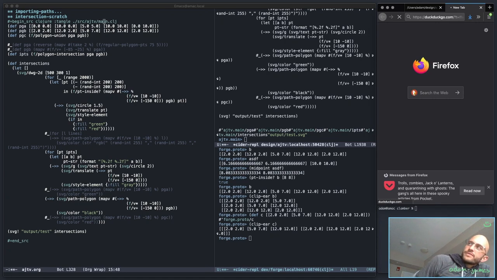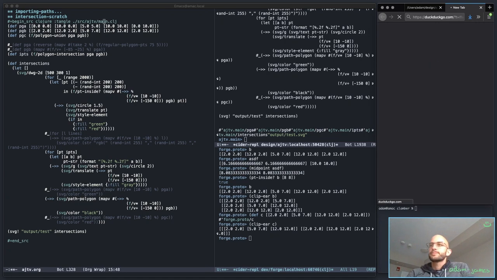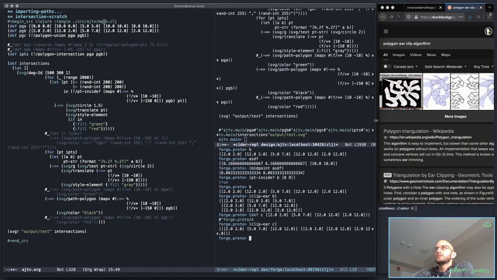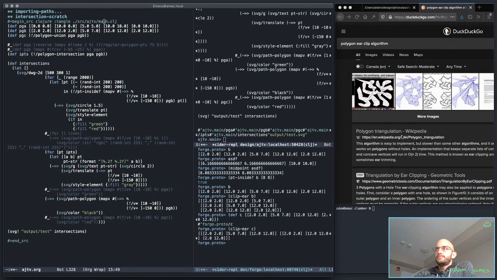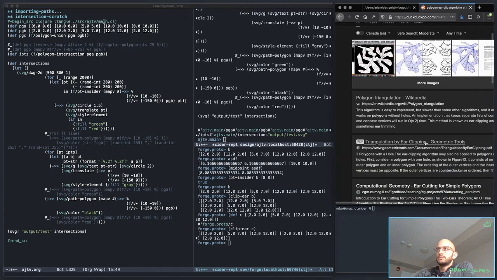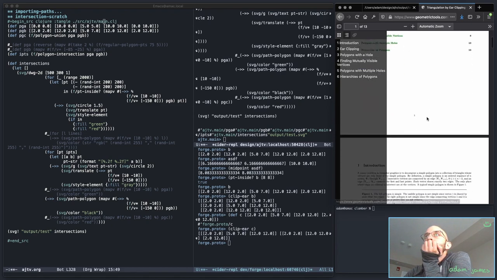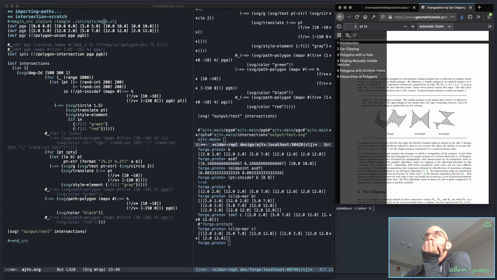Right, so I have a flaw in my ear clip. That much is obvious. Hide this, please.